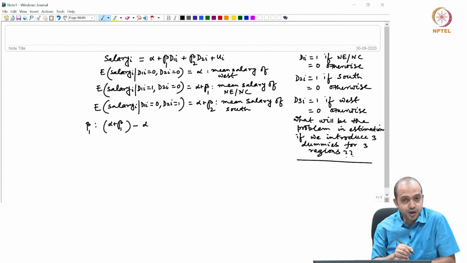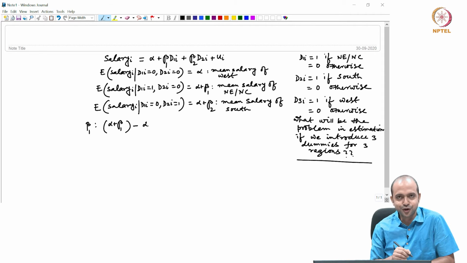So, that means beta 1 basically indicates the difference in mean salary between northeast or north central and western region. We are trying to compare mean salary of northeast or north central with that of the base category, which is western region.